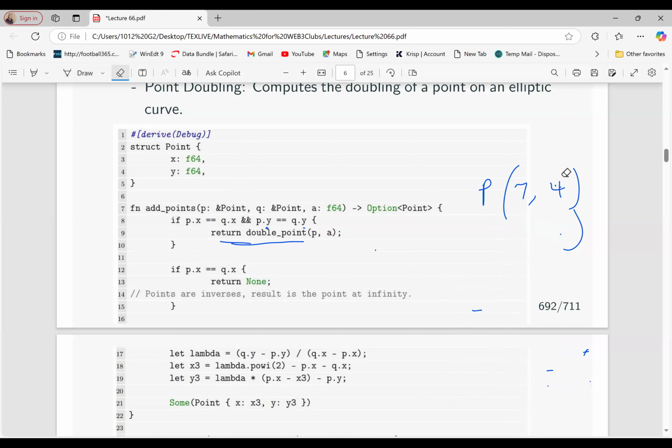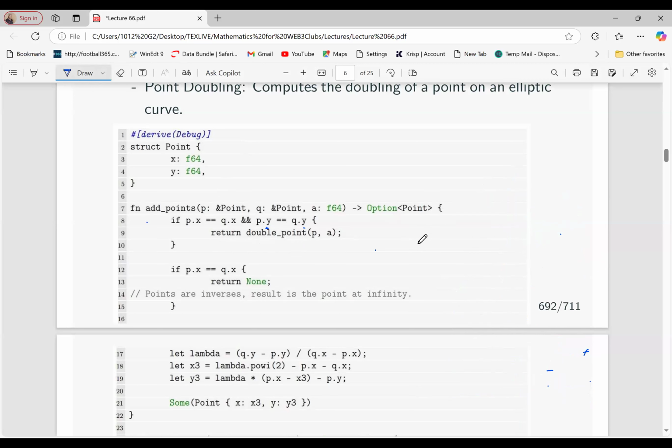Now, we can go back to this. So what does this say?